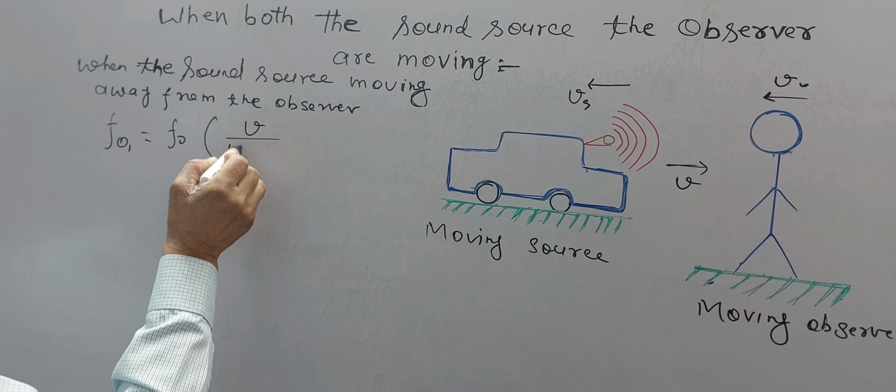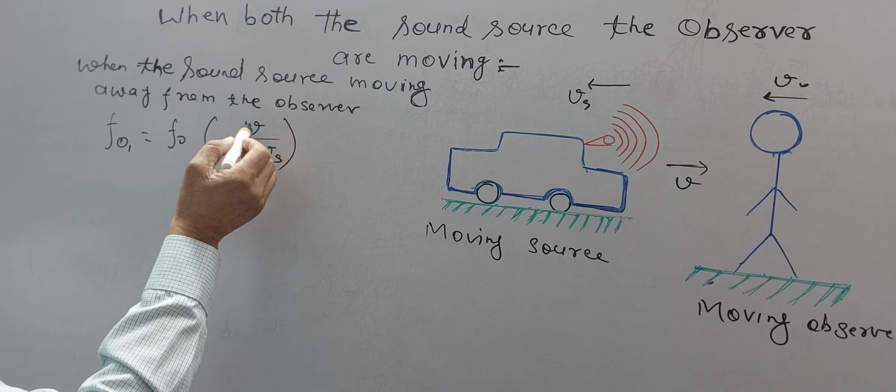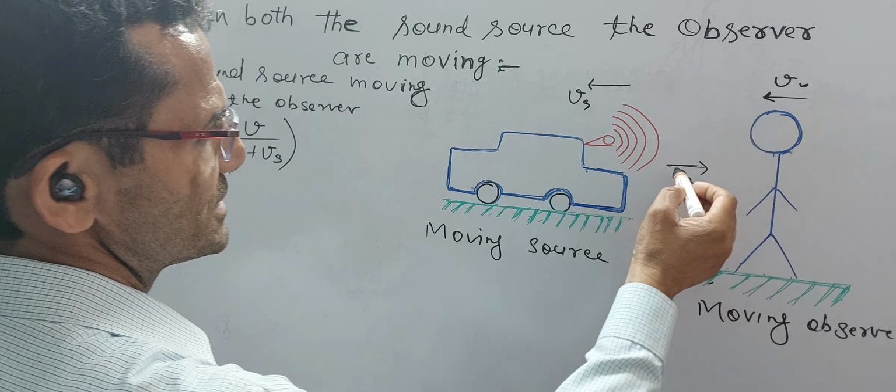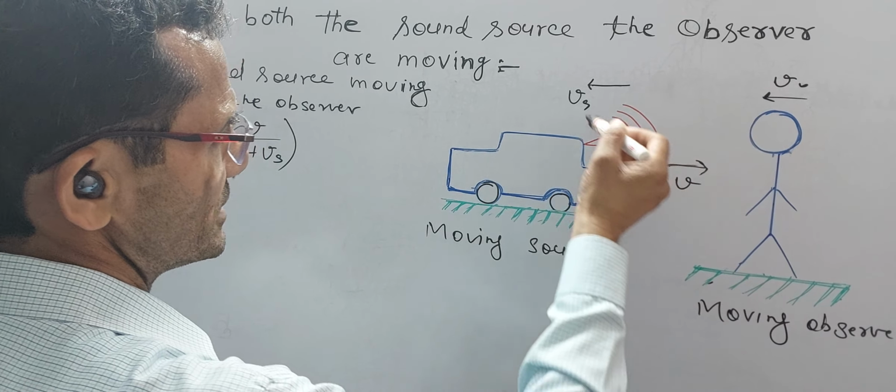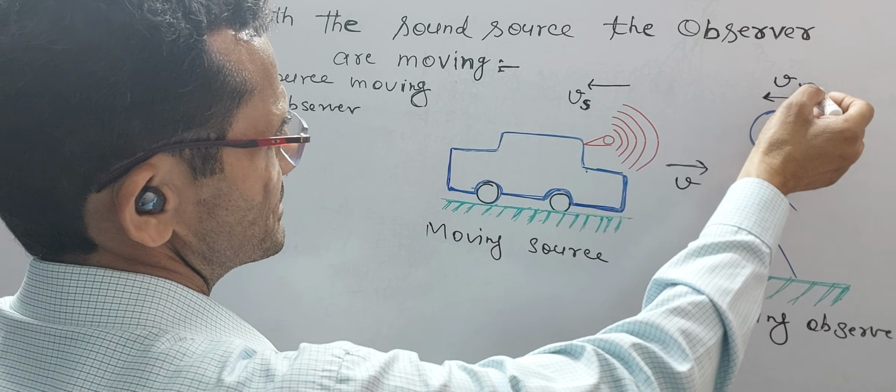Therefore, in the denominator it comes out V plus Vs. Here V is the sound velocity in air, Vs is the source velocity, and Vo is the observer velocity.